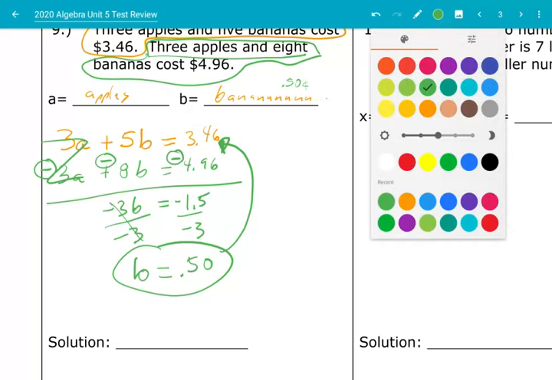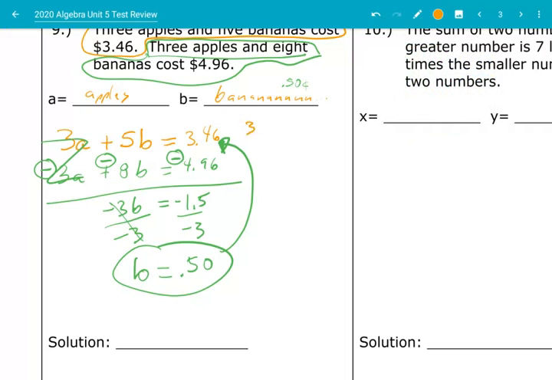3 apples plus 5 bananas at 50 cents a piece equals $3.46. Let's multiply that out. That's 3A plus 5 times 0.5, which is $2.50, equals $3.46.